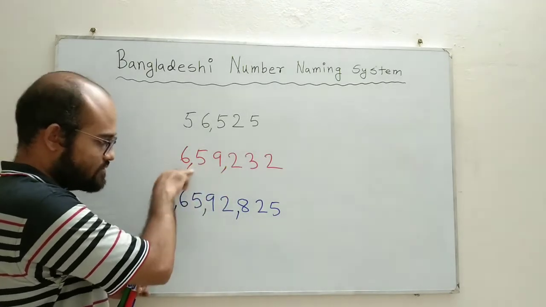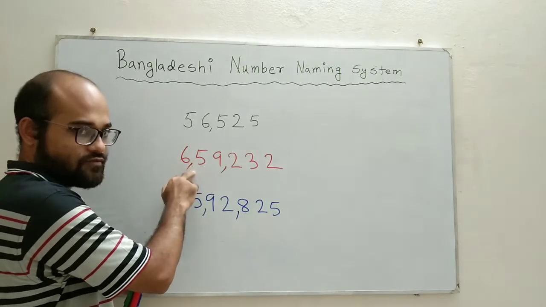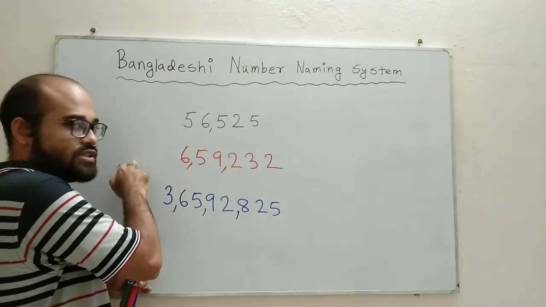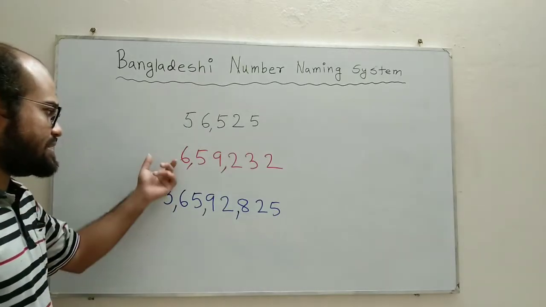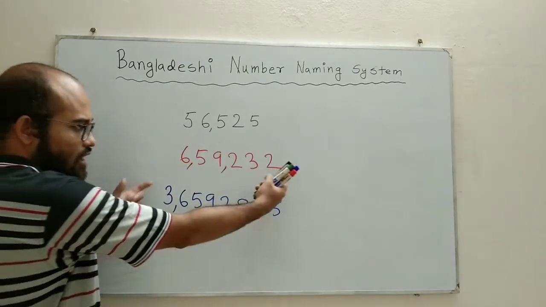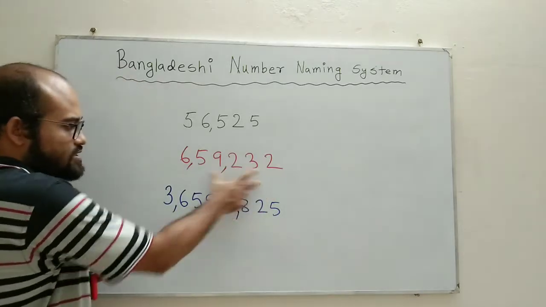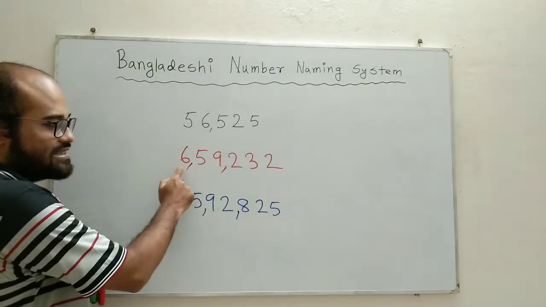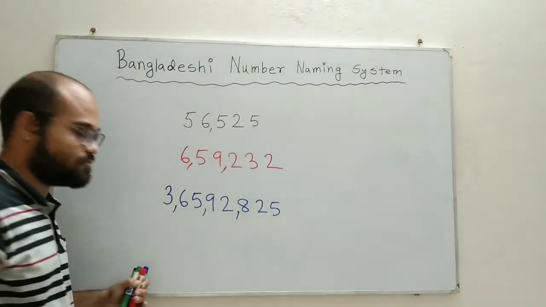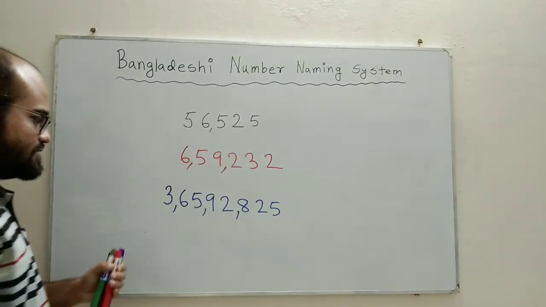It will be between 6 and 5. And then, again, if I have to put a comma, I have to put it after 2 digits. But since there are no digits after 6, I don't need to put any more commas. So, after having put commas, how is this number read? Very easy. 6,59,232.